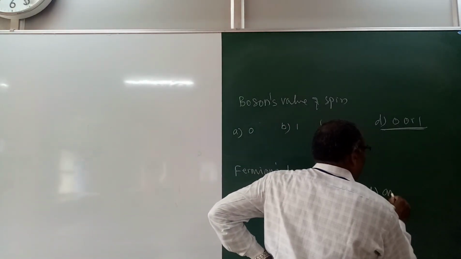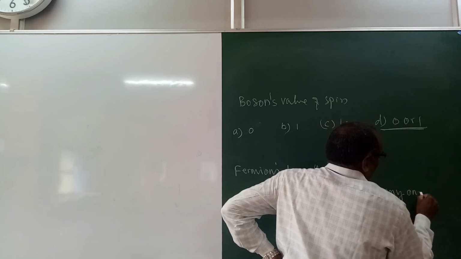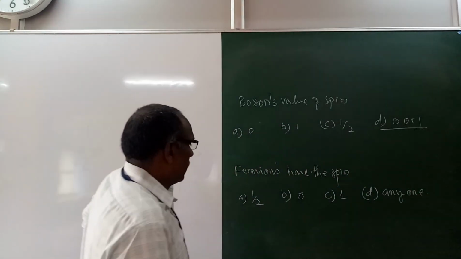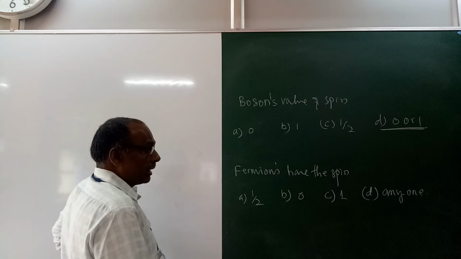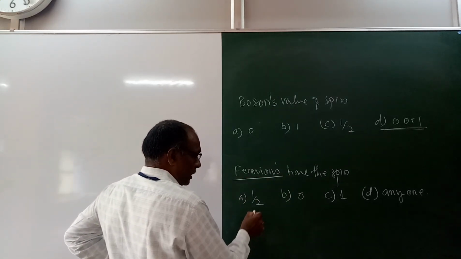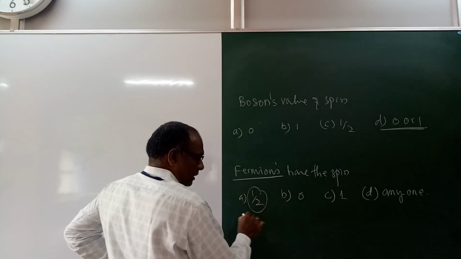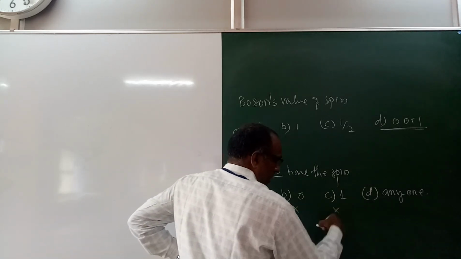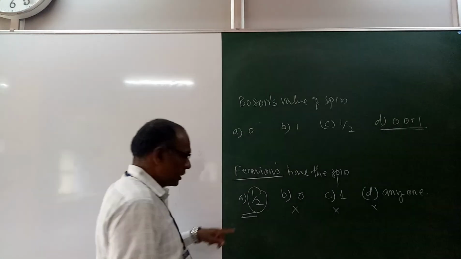You can write anyone here. Fermions have half integer spin. The answer is this. This can't be, this can't be, this can't be. So this is the answer.